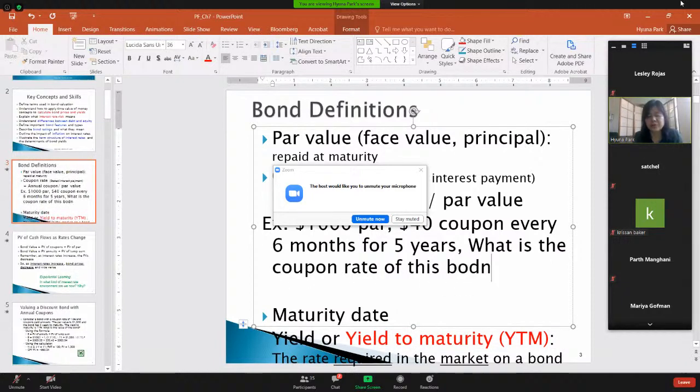So if I ask you this question, what is your answer? So write your answer in the chat box. I don't see anyone writing, so what's the annual coupon? 80, right?